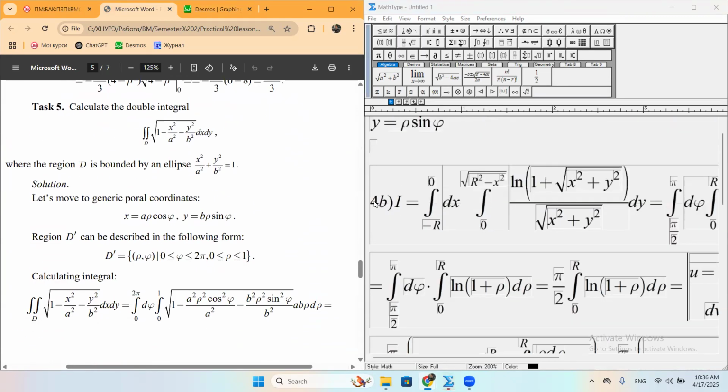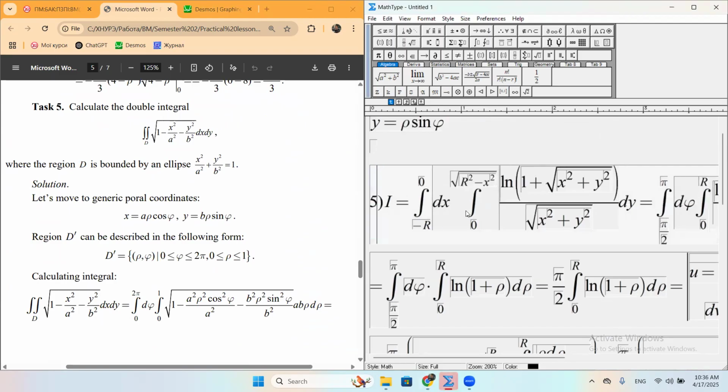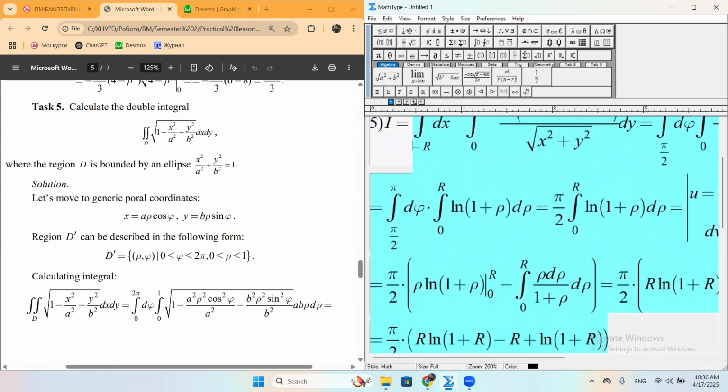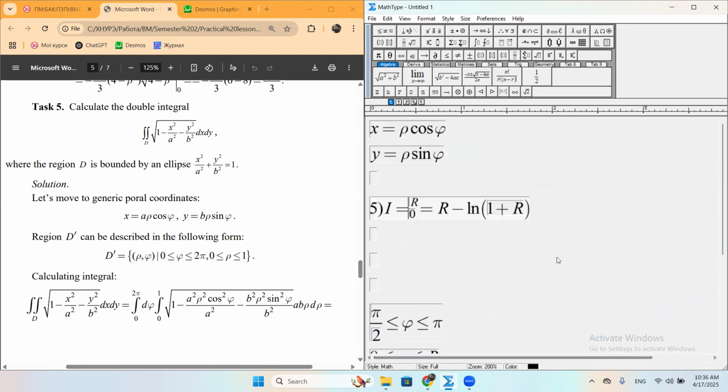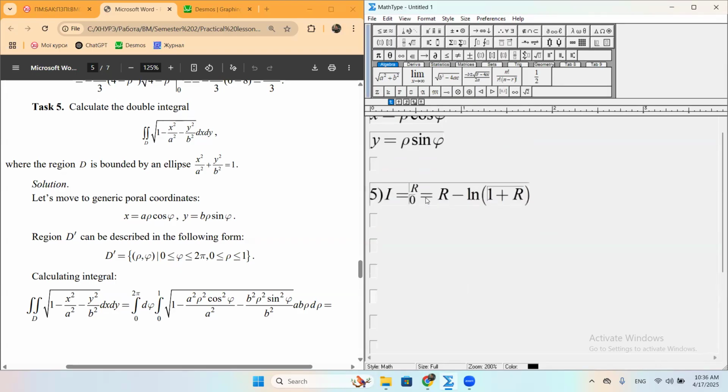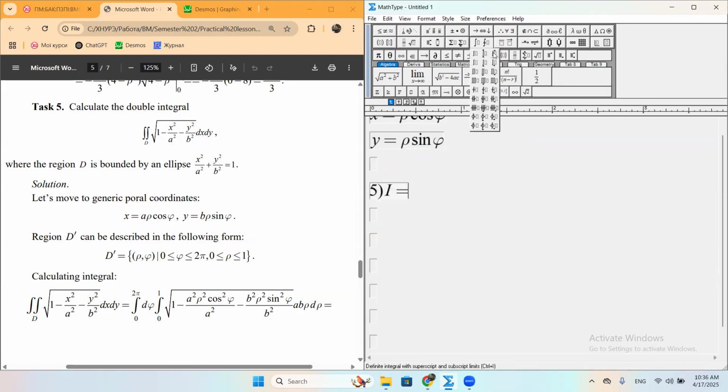Exercise 5. We have a double integral where the region is bounded by an ellipse. Let me first of all write down the integral.